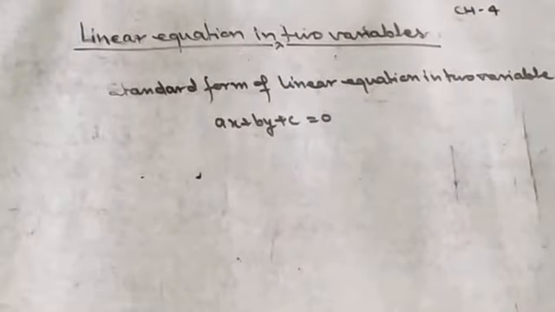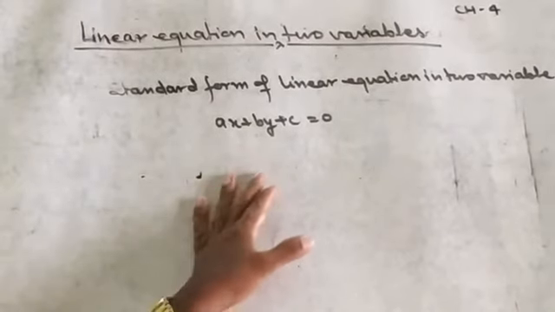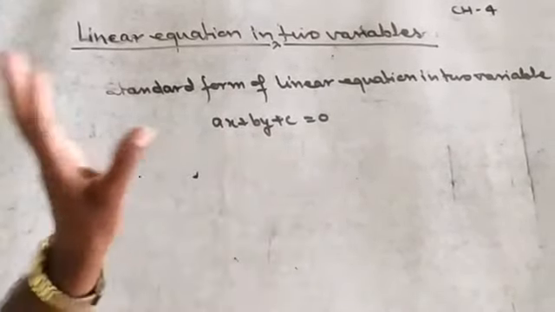Here three types of questions are asked in the first part. First, any one equation is given, write it in standard form. Second, how many solutions does the given equation have?